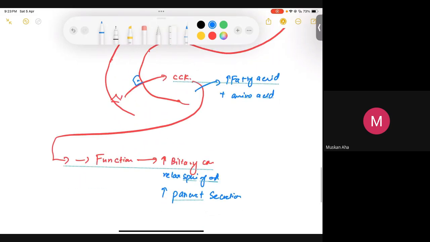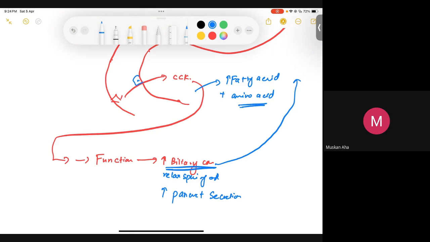The idea is really clear. Why? Because the function of cholecystokinin is to release bile. What's the function of bile? Bile helps in the breakdown of your fats, emulsifying your fat, converting it into droplets, and helping absorption. So whenever we have increased fatty acid, increased fatty content, it is the stimulus for the release of CCK, because CCK tells the gallbladder to release its bile and helps these fatty acids to be absorbed or degraded.